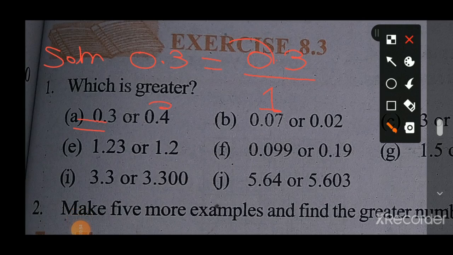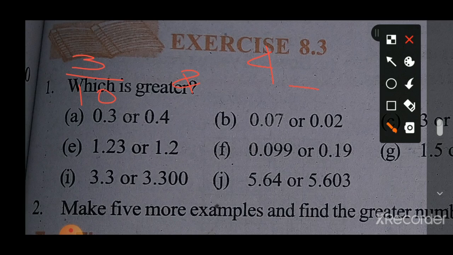That is 3 upon 10. Similarly for 0.4, after the decimal only one digit is there, that is 4, so with 1 we can write 10. So this time this number is 4 upon 10. So it is 3 upon 10 and 4 upon 10.